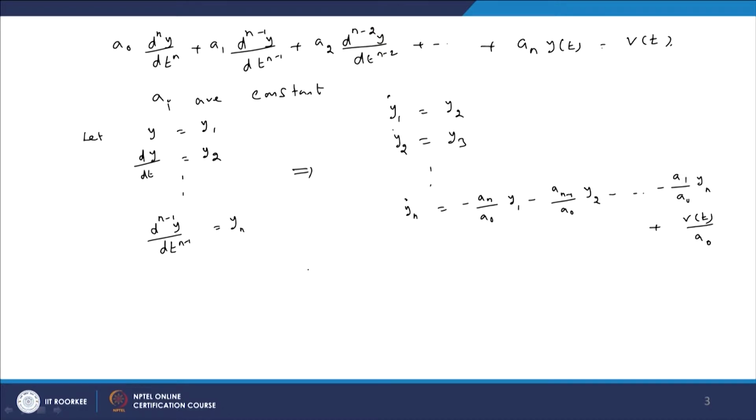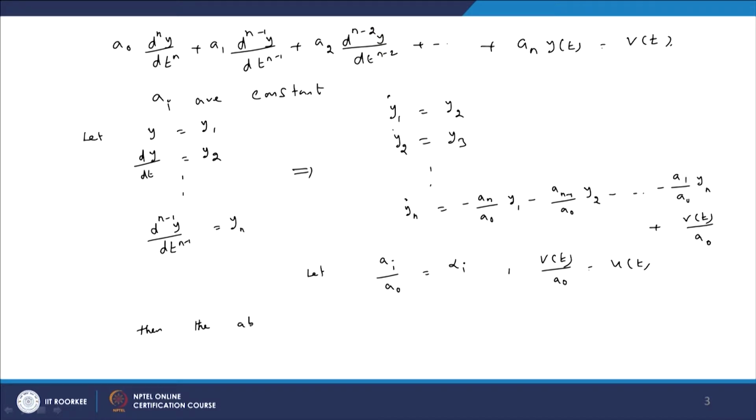If you substitute a i by a 0 as alpha i and v of t by a 0 equal to u of t, then we get the companion form. Then this system is written in the form of companion form.